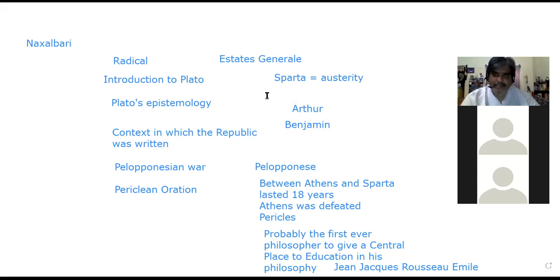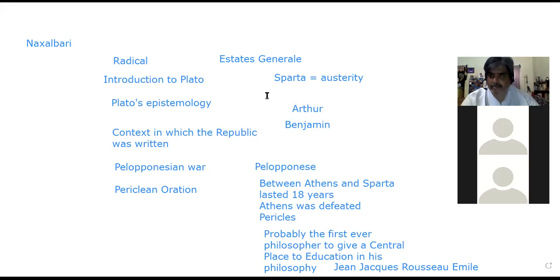So the use of radical with the left started with the French Revolution and the session of the estates general just before the revolution took place. So that's how radical came to be associated with the left, but it need not be associated with the left in every context. Need not be.